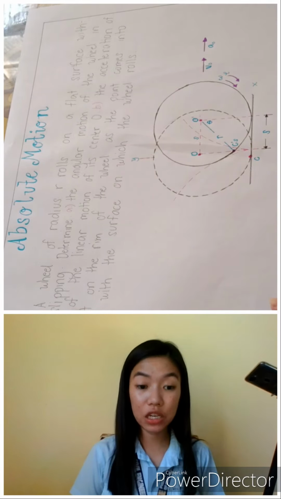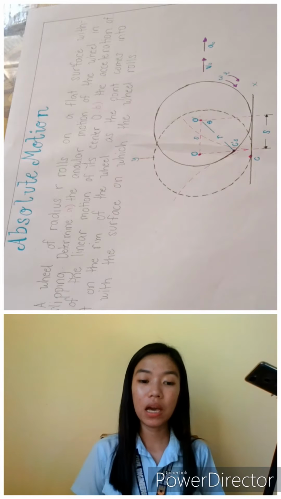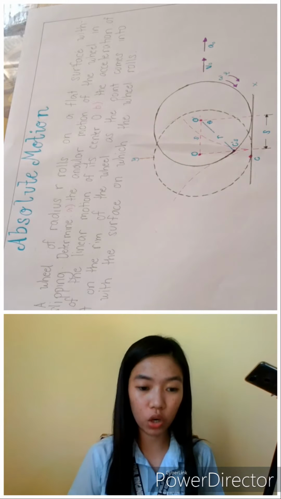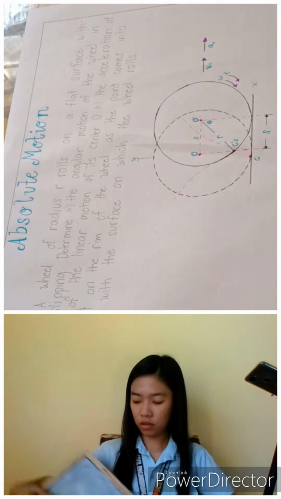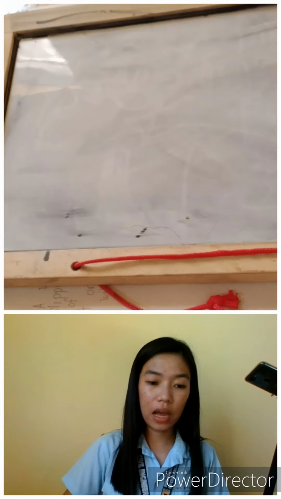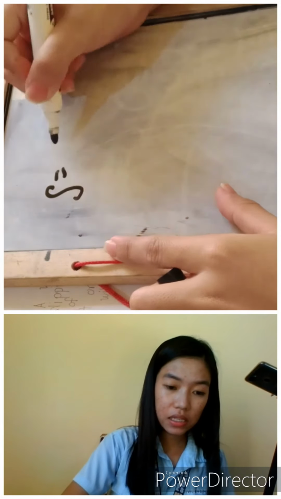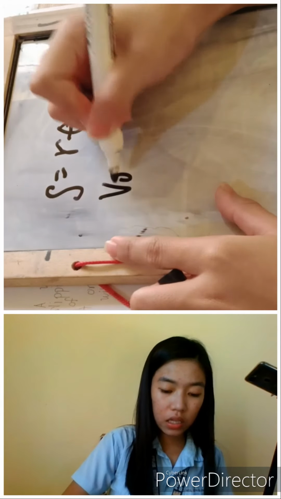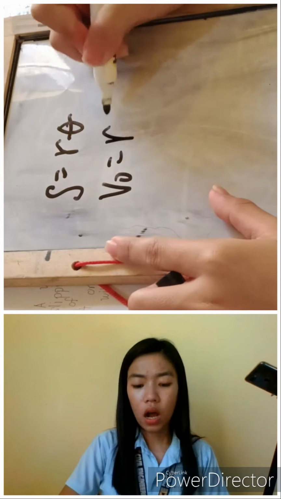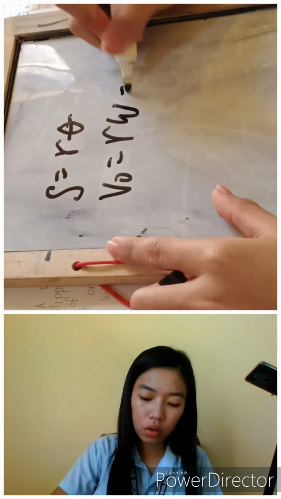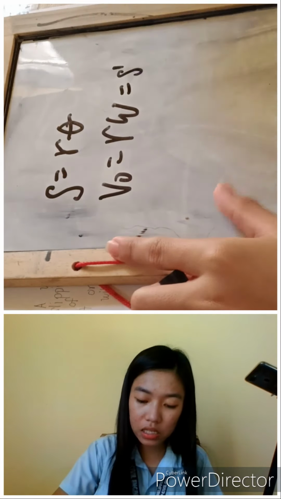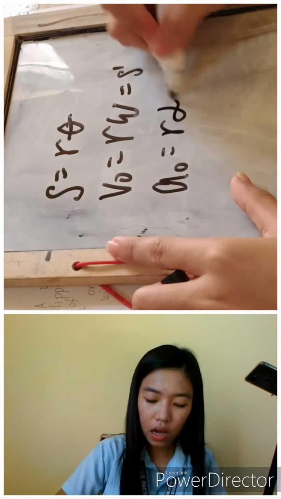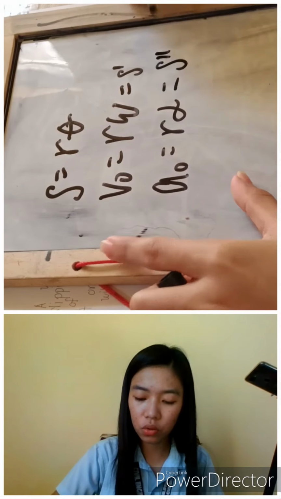So, displacement relationship and its two time derivatives, given yung nauna nating topic na discussed sa rotational motion, magkakaroon tayo ng equation na S equals r theta, initial velocity v sub O equals r omega, equals din siya sa S prime, and yung initial acceleration a sub O equals r alpha, which is equal to S double prime.